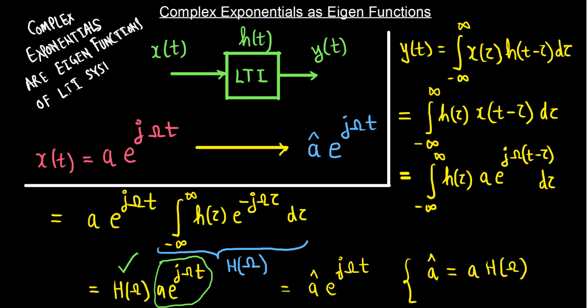Meaning, if you give a complex exponential at the input, you'd get the same complex exponential at the output. The mere change would be only to the amplitude of the complex exponential. Very important property of LTI systems with respect to the complex exponentials.